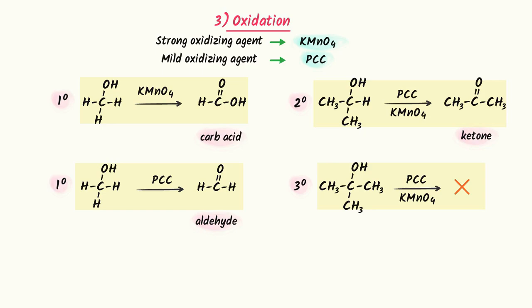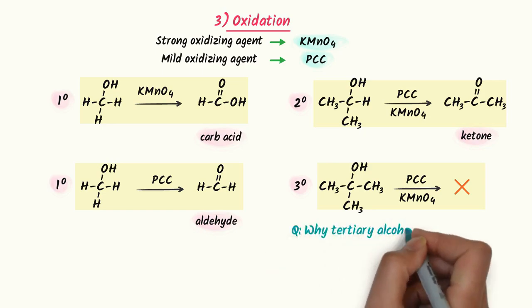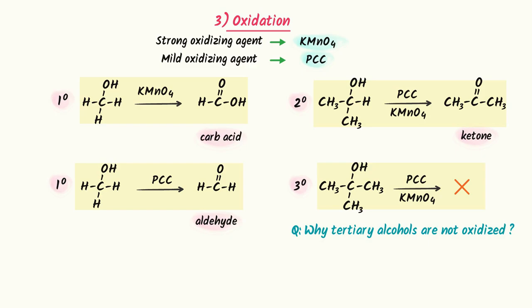Now here is one important question. Why are 3-degree alcohols not oxidized? To learn this question, first of all, we will learn oxidation of alcohols. For example, consider this 2-degree alcohol. During oxidation, hydrogen is removed from this oxygen, while alpha hydrogen is removed from this carbon. As a result, this 2-degree alcohol is oxidized.